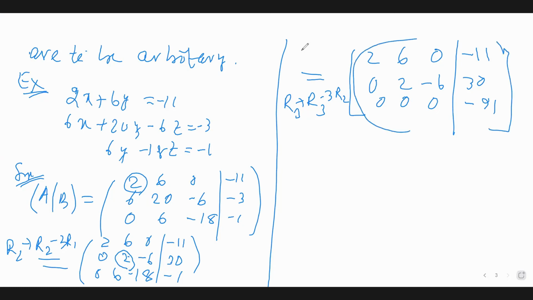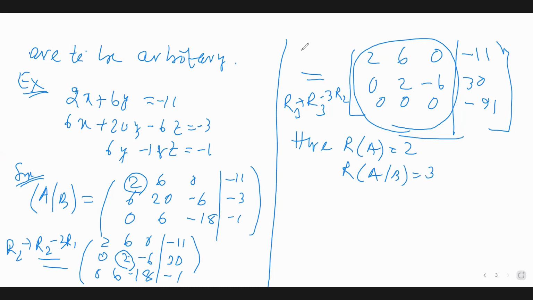So what is the rank of this matrix? 2. Sir, 2. Rank of A equal to 2. What is the rank of the augmented matrix, the whole matrix? Sir, 3. So rank of A is not equal to rank of augmented matrix.